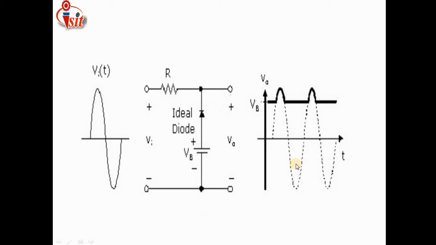All the negative part is clipped, along with some of the positive part, with some reference level, and above that reference level the signal is present, which is shown here as a dark line, and the part which is clipped is shown by the dotted line here.